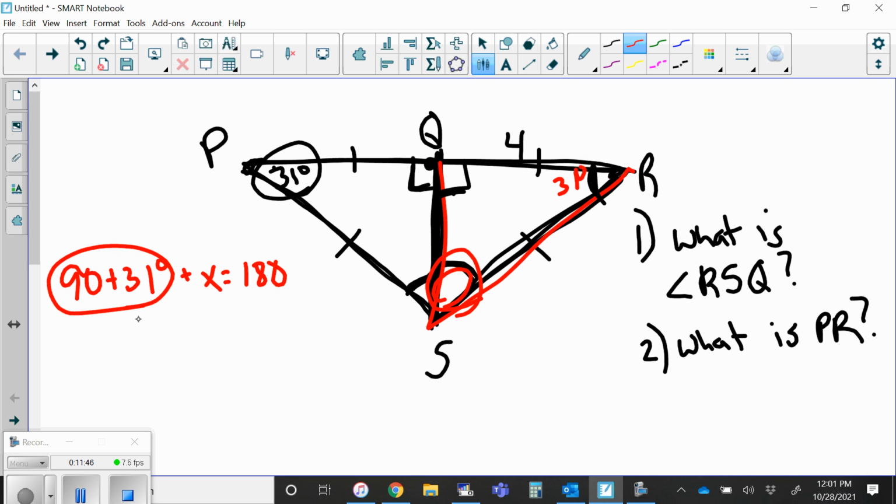What's 90 plus 31? And we minus 121. And we get x equals what? What'd you get?